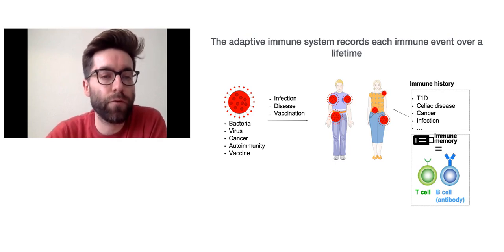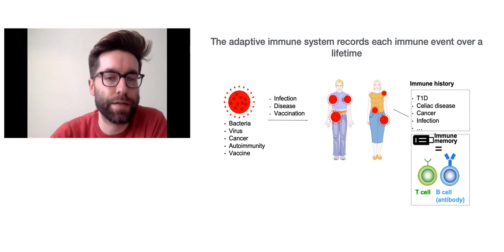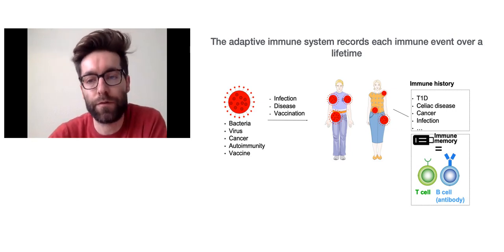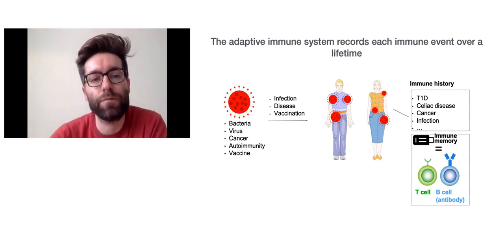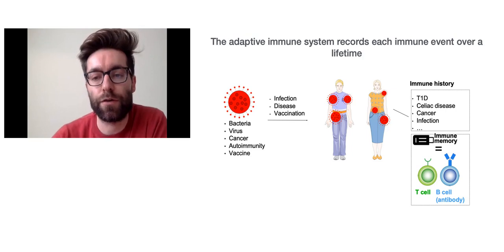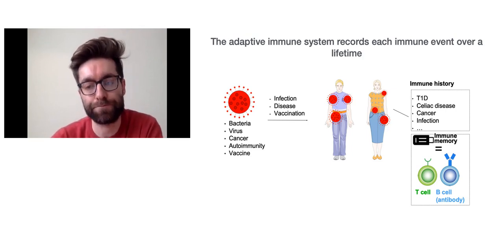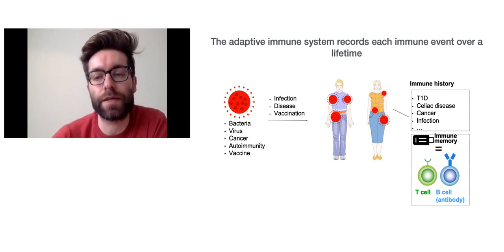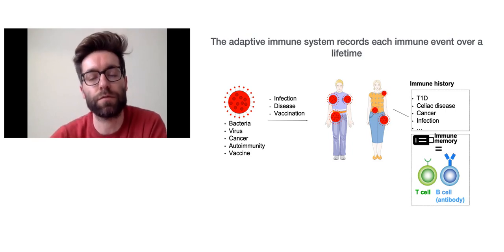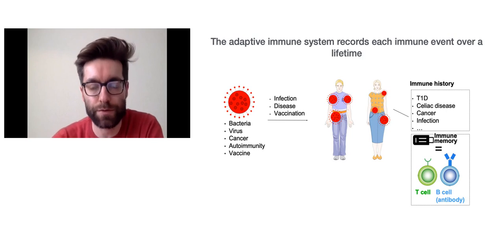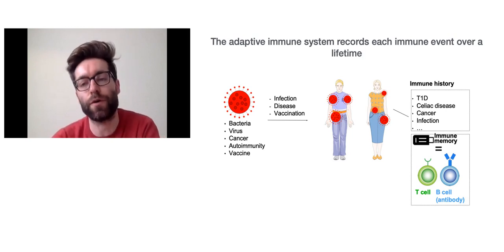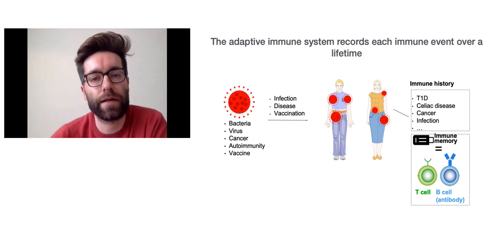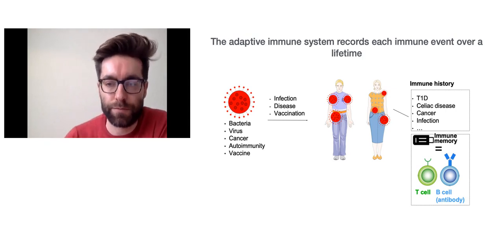Whenever we encounter bacteria, viruses, cancer, or any of these kinds of things, immune information about these events is recorded in our immune memory, which you see on the right, and these are our B and T cells, which have B and T cell receptors, or together called adaptive immune receptors. Together they form our immune memory, kind of like a USB stick, which I'm showing there.